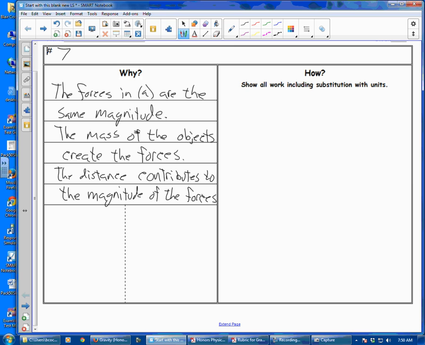And you could write in there also the fact that the forces are always attractive.